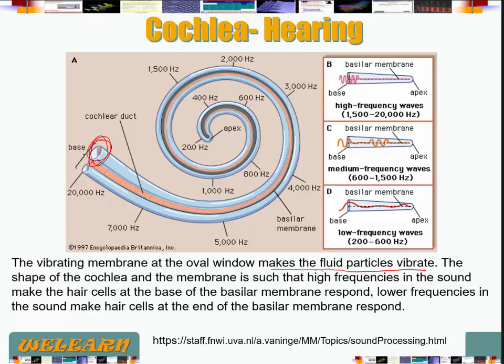Now, note these numbers that are given here. So this is the fluid, goes here, to the apex and back.